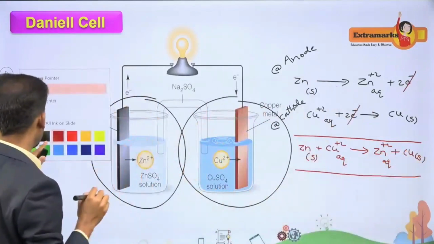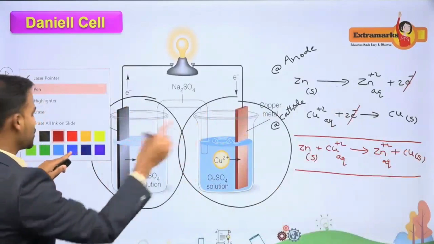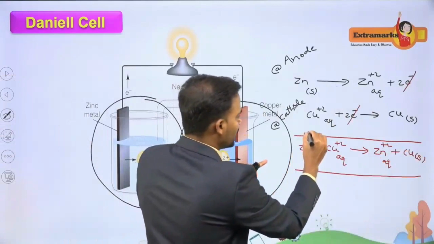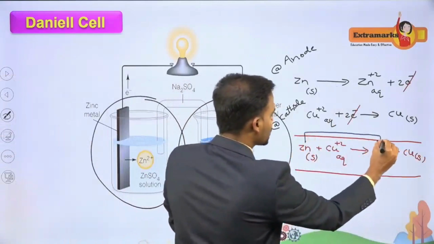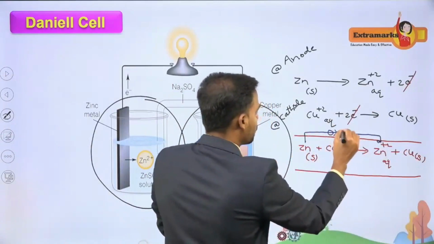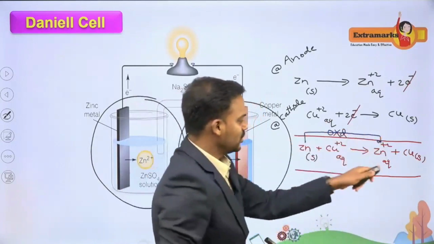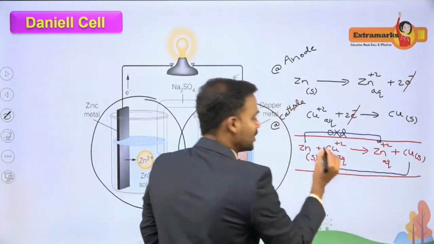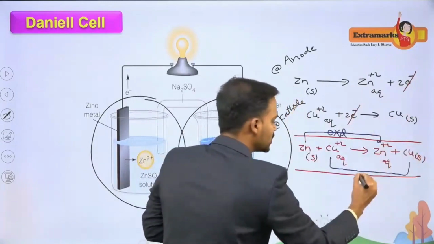Tell me whether this is an oxidation reaction or reduction reaction. What kind of reaction is this? You can see zinc is undergoing what kind of reaction? This is oxidation. Zinc is undergoing oxidation. And what is happening to the copper? From +2 it is going to 0. So this is reduction.